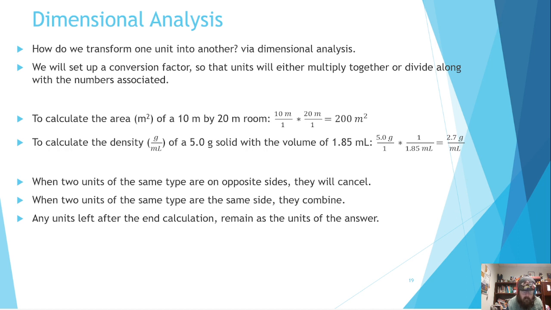As you can see here, if I'm calculating the area of a room, units of area is meters squared. To calculate the area, 10 meters by 20 meters, I'm setting up 10 meters over 1 and 20 meters over 1. 10 times 20 is 200. But meters times meters, any unit, any variable that is multiplied by itself is essentially raised to the exponent of 1.